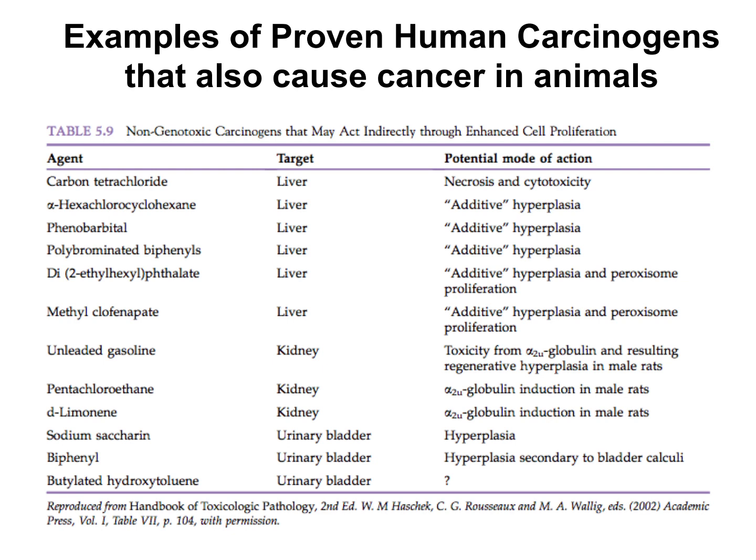In this table, it's showing you a list of reagents or chemicals that have been studied in animals and have been found to cause cancer. You see the chemical name, then its target, like where the cancer usually occurs, and a hint towards the potential mode of action. Is it leading to necrosis?